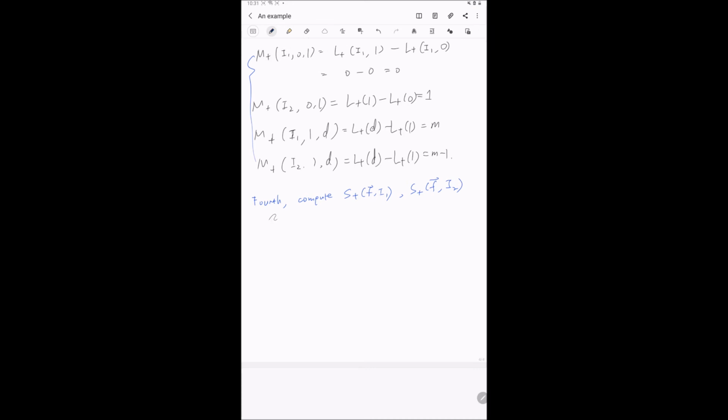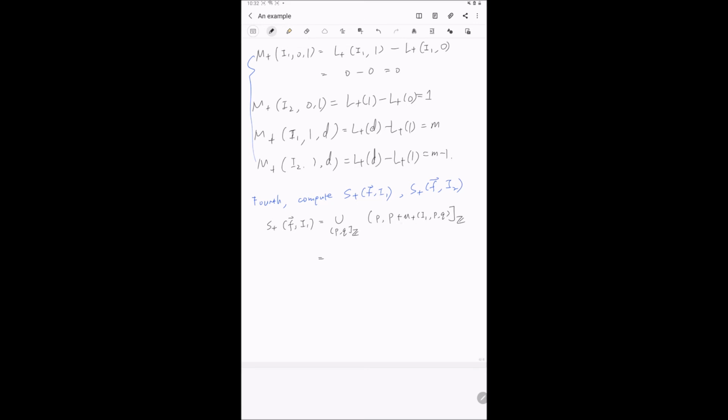By definition, S plus of f, I1 is the union over those intervals of equalities of the intervals from P to P plus M plus of I1, P, Q, intersection with D.